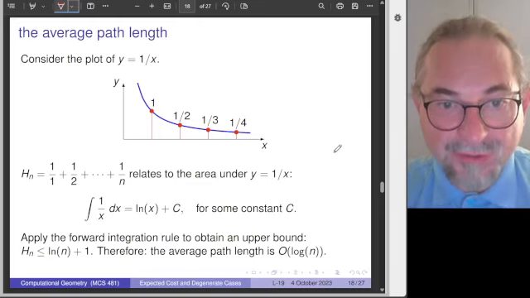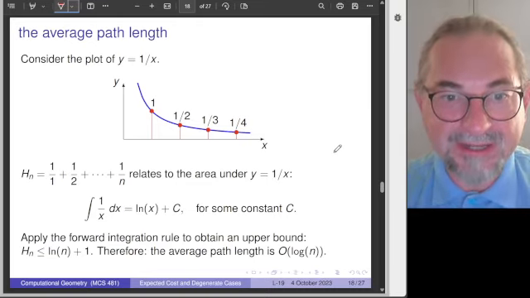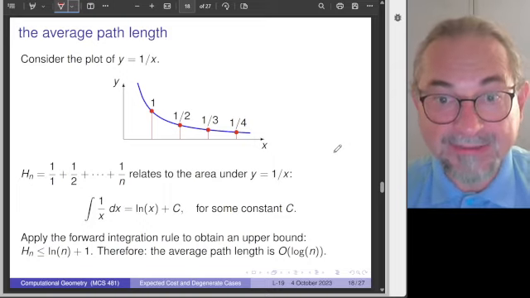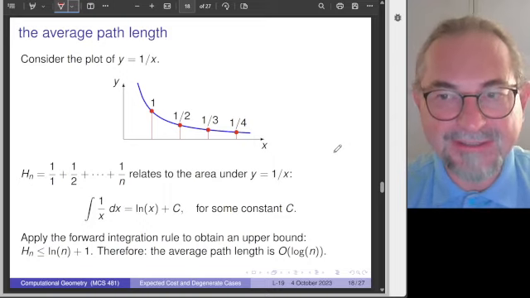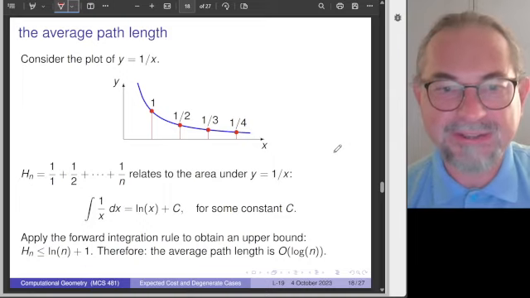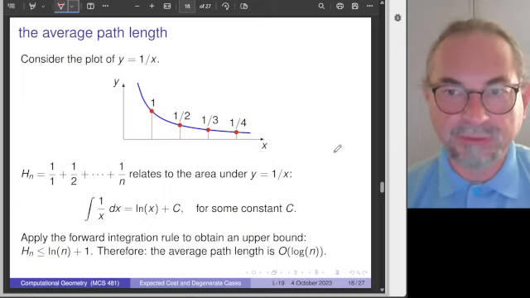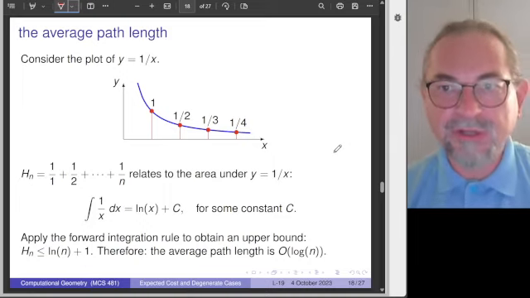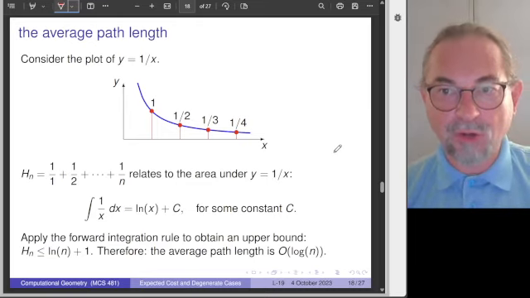Why is this? Well, from calculus, we know that if we take the antiderivative of 1 over x, we get the natural logarithm. So for complexity, and that's something that certainly must have been discussed in algorithms or even already in data structures, the base of the logarithm doesn't really matter.